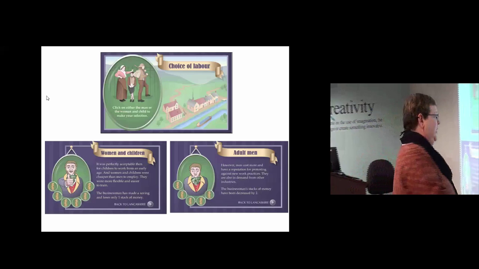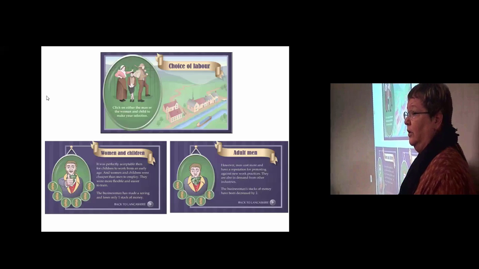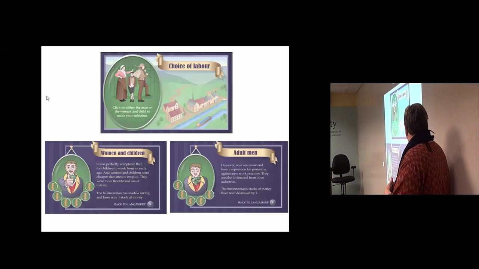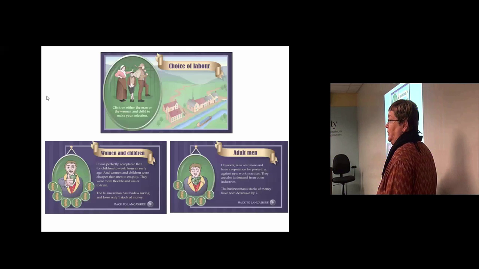But on the other side, if you hire adult men, the adult men are more skilled in weaving cotton. But it also says the men cost more and have a reputation for protesting against new work practices. They are also in demand from other industries. The businessman's stacks of money have been decreased by 2. So it's actually more costly to employ the men.